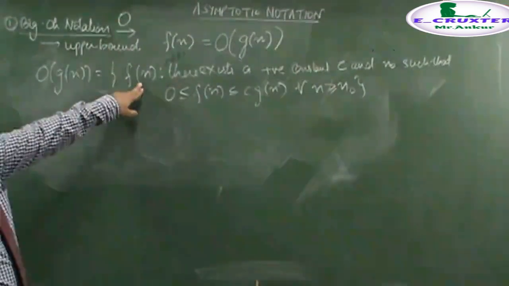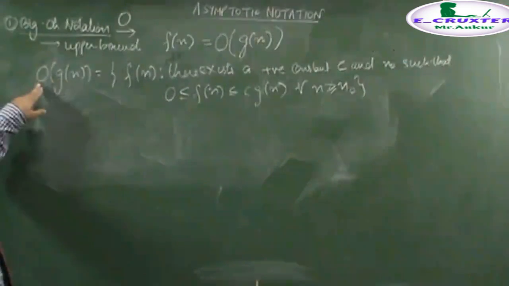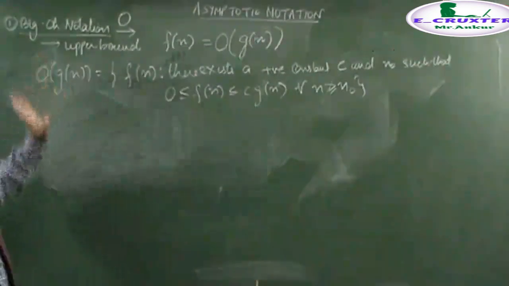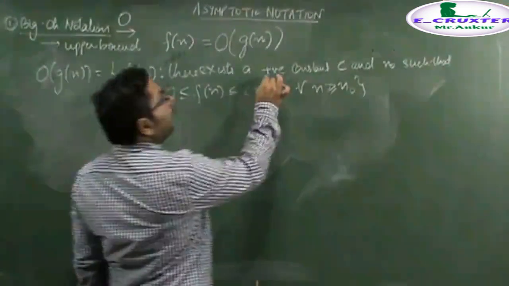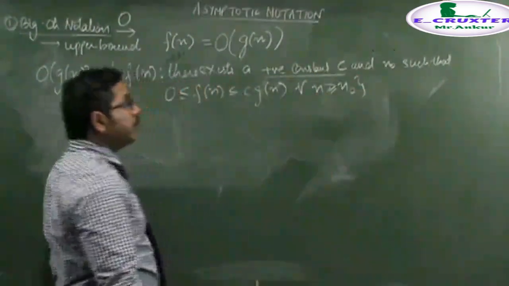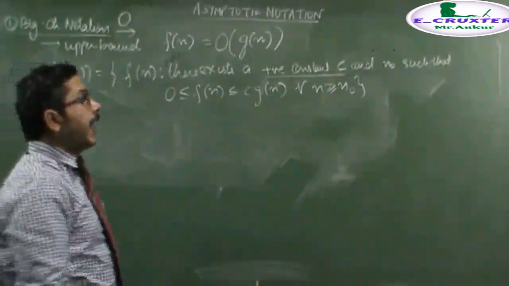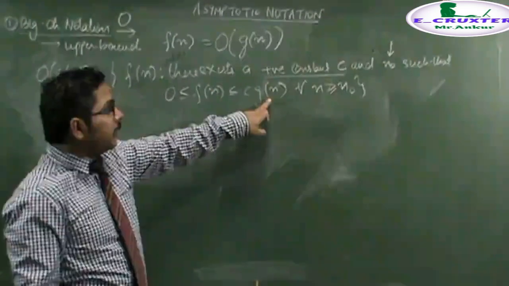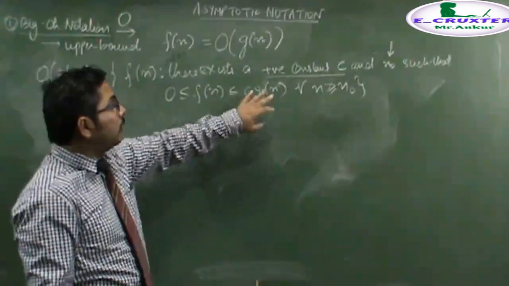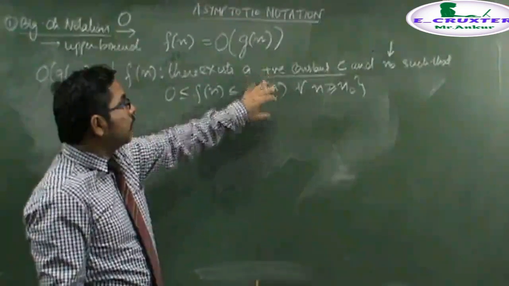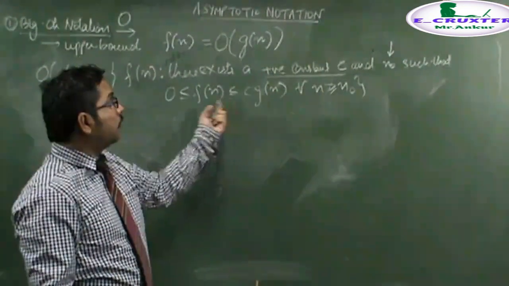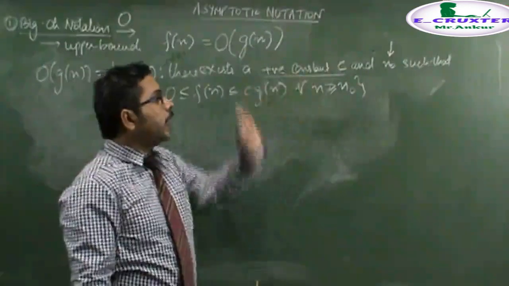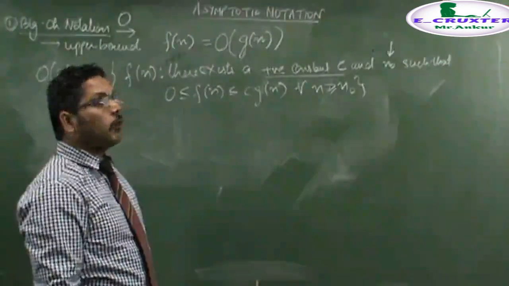There exists a positive constant c and an input n naught, such that if I multiply g(n) with the constant c, then the value of this function is always greater than or equal to f(n) for all inputs n greater than or equal to n naught.